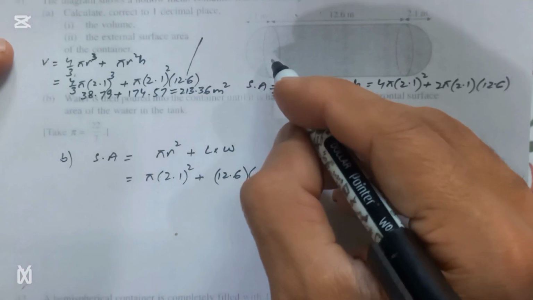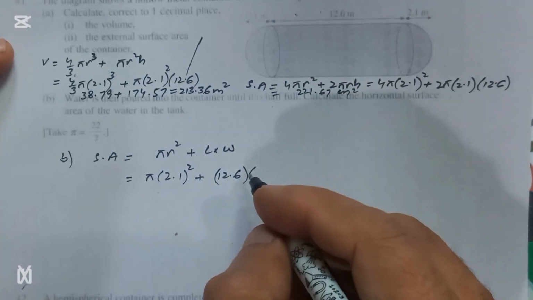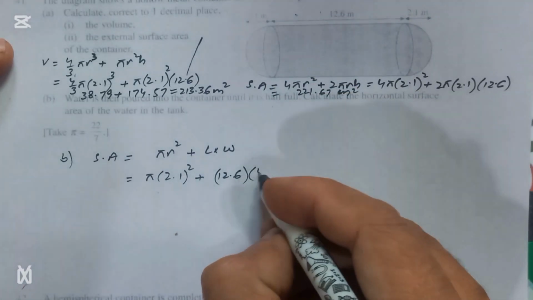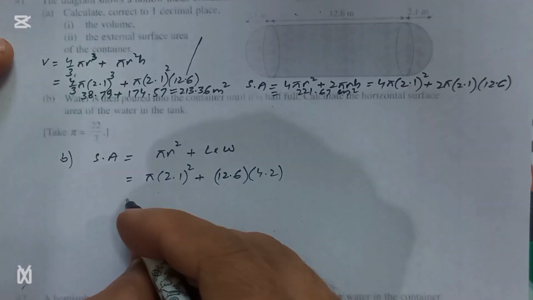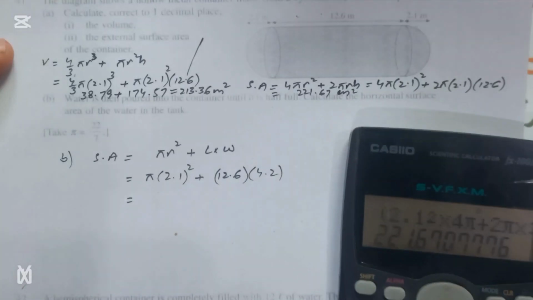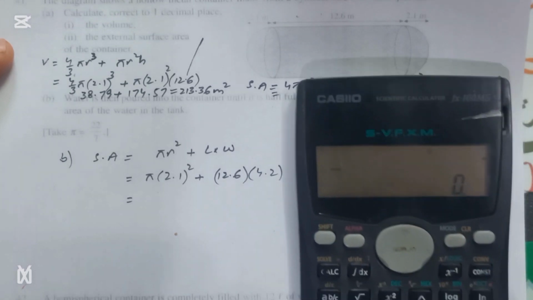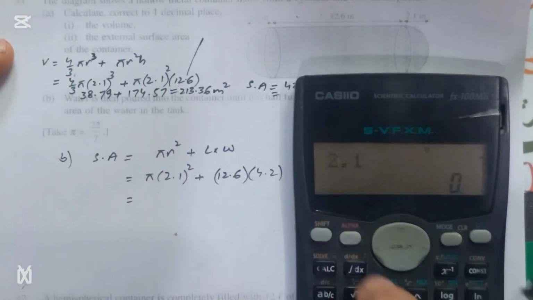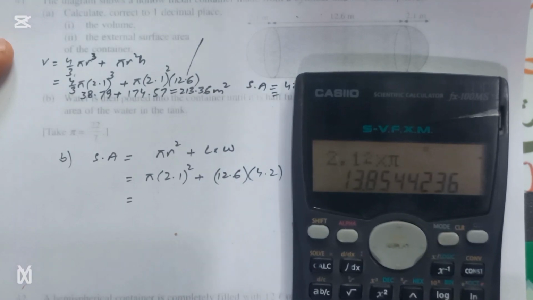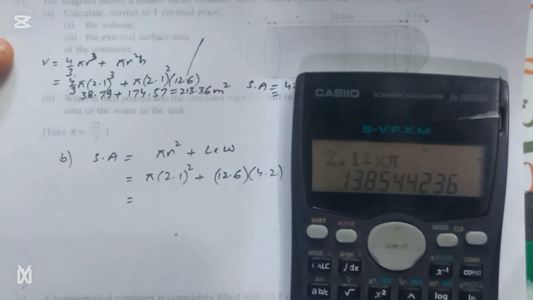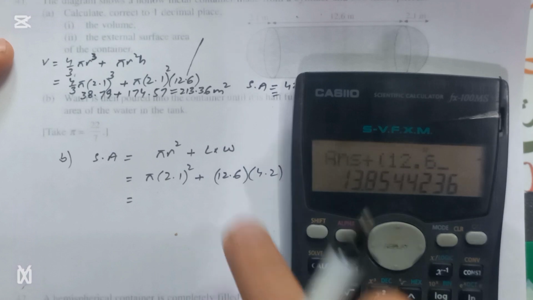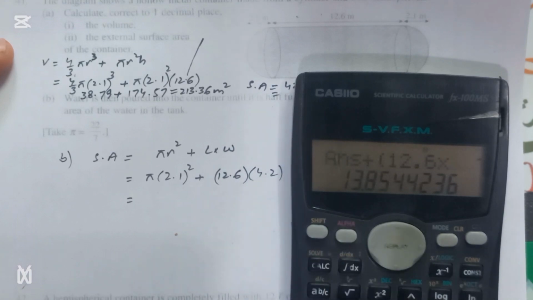And width of the rectangle will be 4.2. Solve these values on the calculator. 2.1 square multiplied by pi, plus bracket start 12.6 multiplied by 4.2, bracket close.